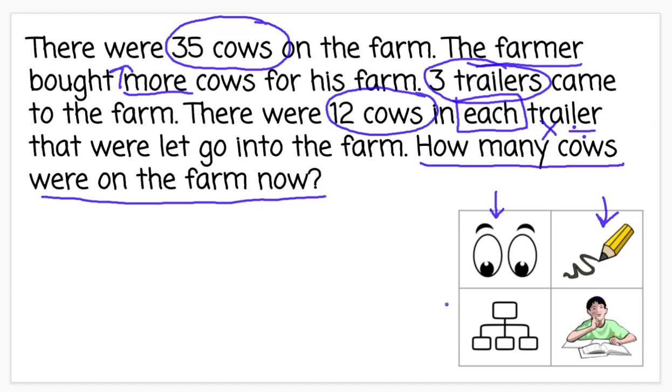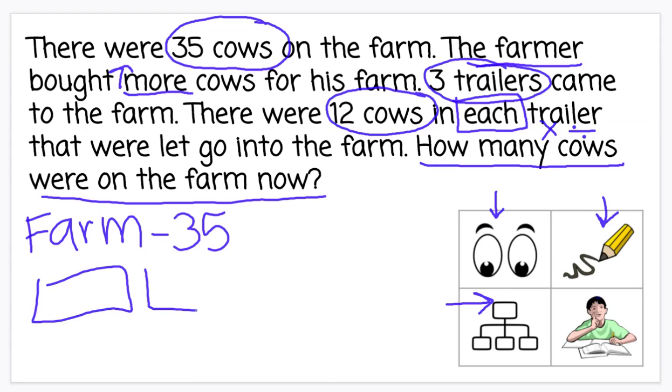Now I'm going to draw a model. So I know there are already 35 cows on the farm. But then 3 trailers came to the farm. So here's my trailers, 1, 2, 3. And on each trailer, there were 12 cows.